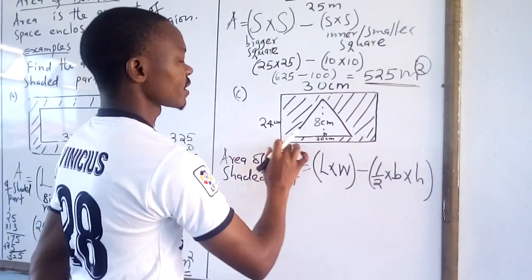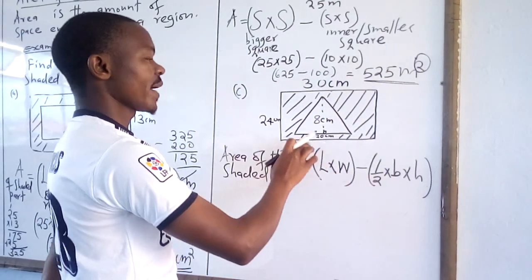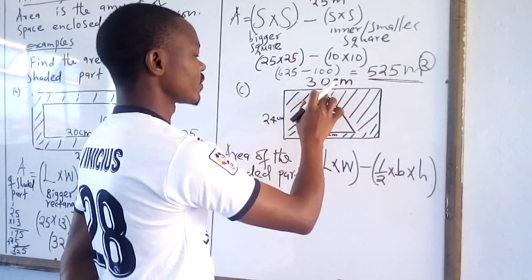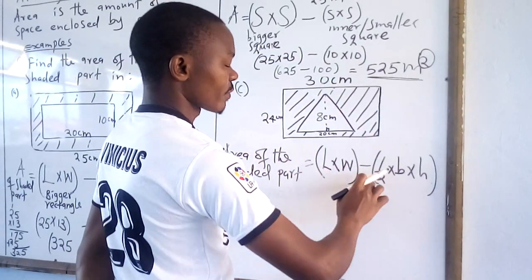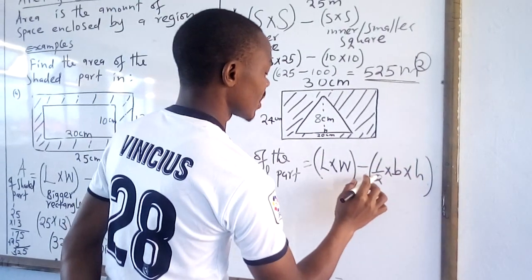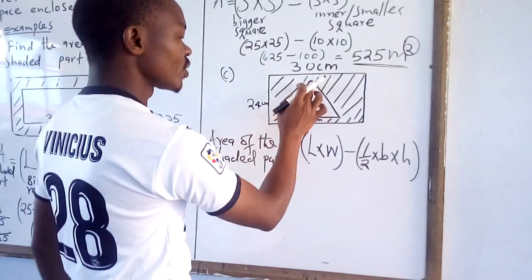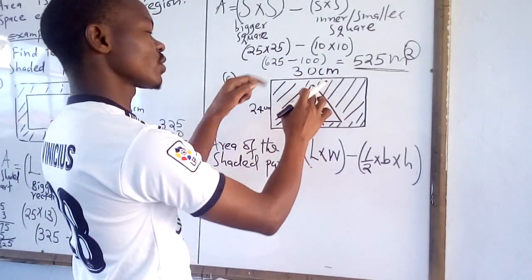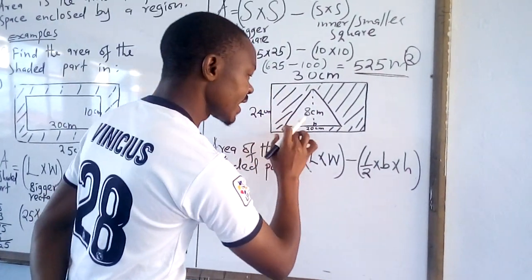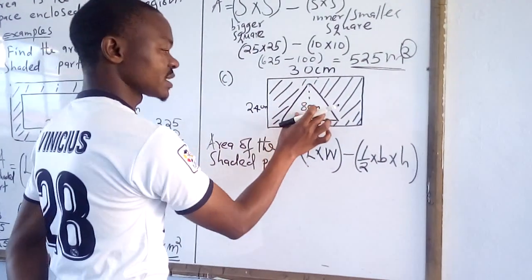Area of the bigger figure, which is a rectangle, length times width, minus the area of the inner figure, which is not shaded, half times base times height. That is the formula for finding the area of a triangle. Why are we subtracting? Because the triangle is not shaded, and the question requires us to find the area of the shaded part.